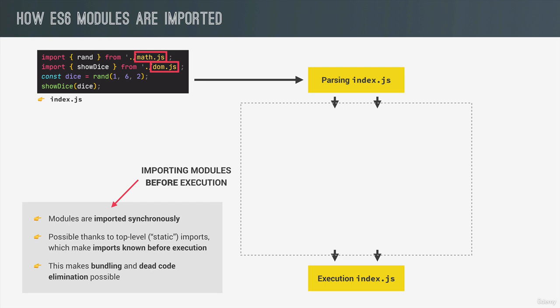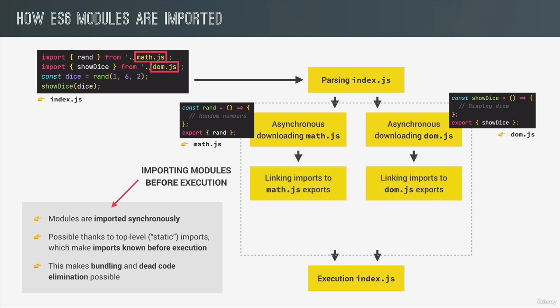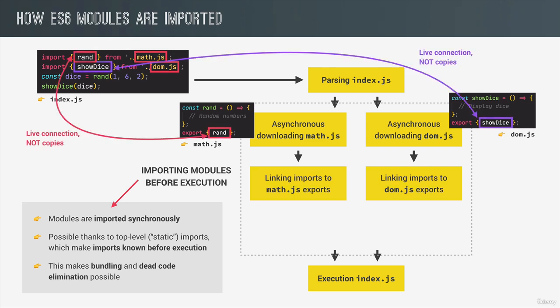So after the parsing process has figured out which modules it needs to import, then these modules are actually downloaded from the server. And remember, downloading actually happens in an asynchronous way. It is only the importing operation itself that happens synchronously. Okay? Then after a module arrives, it's also parsed, and then the module's exports are linked to the imports in index.js. So for example, the math module exports a function called rent. And this export is then connected to the rent import in the index.js module.